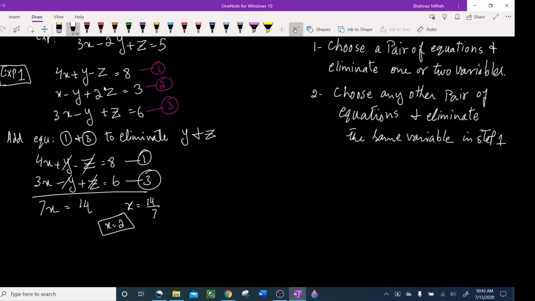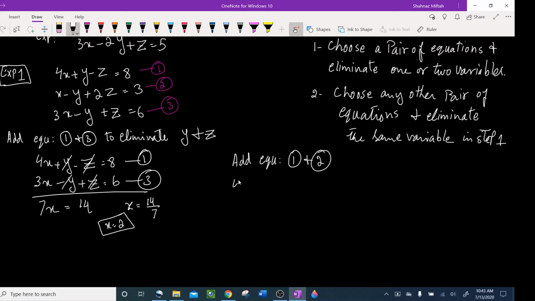I can't eliminate z again, but at least one of them I can eliminate. So let's try here, add equations 1 and 2, and we're going to eliminate y.